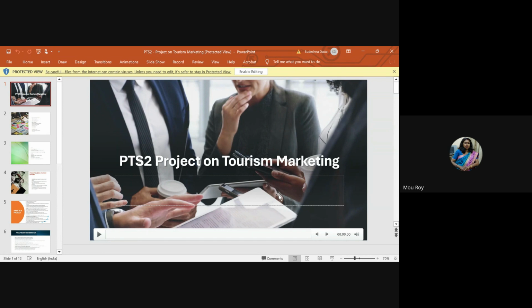But this project is on tourism marketing, because I remember I took your classes on that project. That time also I gave you hints: this is a pro forma, these are the things you need to do, and how to carry out the work right from the starting to the conclusion. This is known as PTS-2.